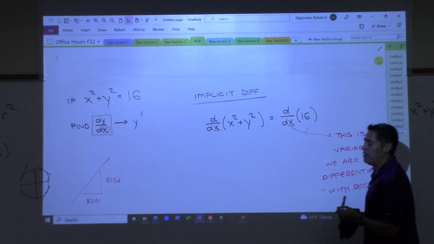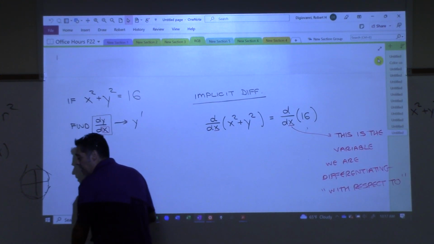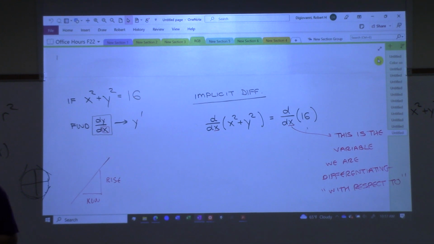So when you hear me saying we want to differentiate with respect to x, with respect to t, with respect to m, when you hear me saying that in the next couple of weeks, that is the variable that appears on the bottom here.